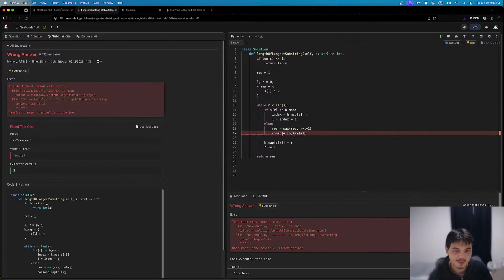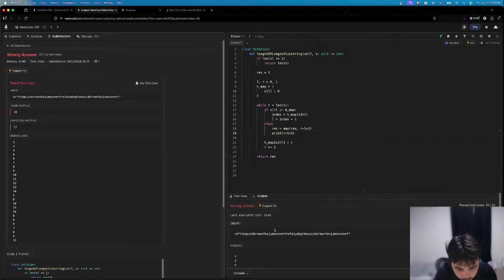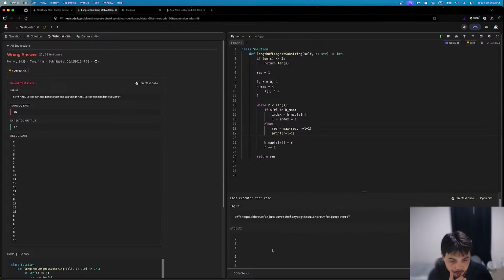Oh, I'm writing JavaScript. Print. All right, it stops at 14. And then what does it go back down to?